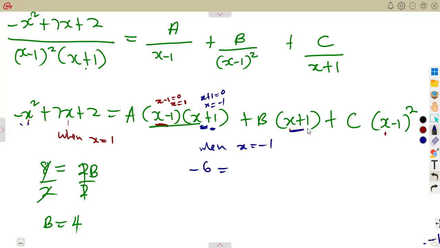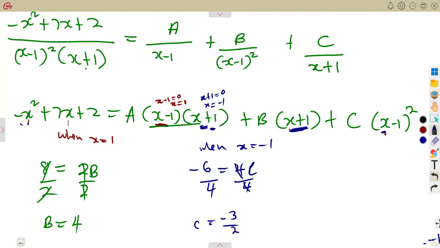Wherever there's an x plus 1, that's a 0. So there we're going to substitute a minus 1. That's minus 1 squared, which is minus 2 squared. That's a 4, so that will be 4c. You can simplify that, guys. So there we've got positive 4c, just divide by 4 by 4. So c is equal to negative 3 over 2.